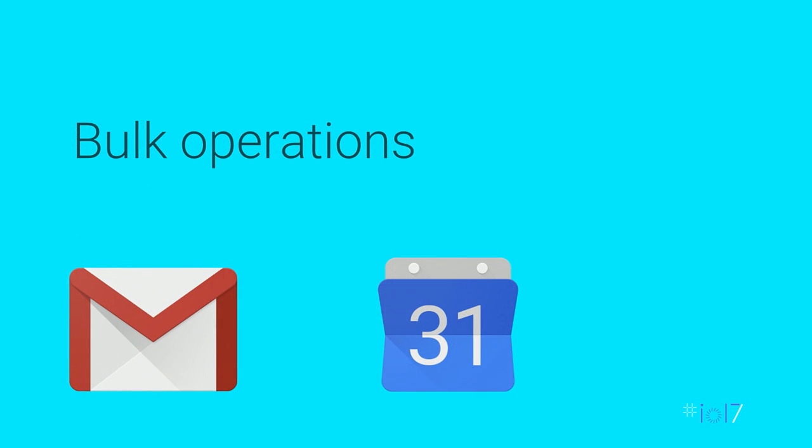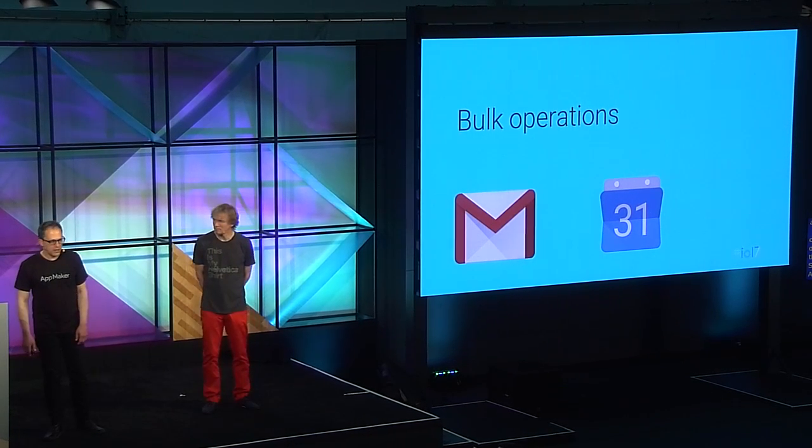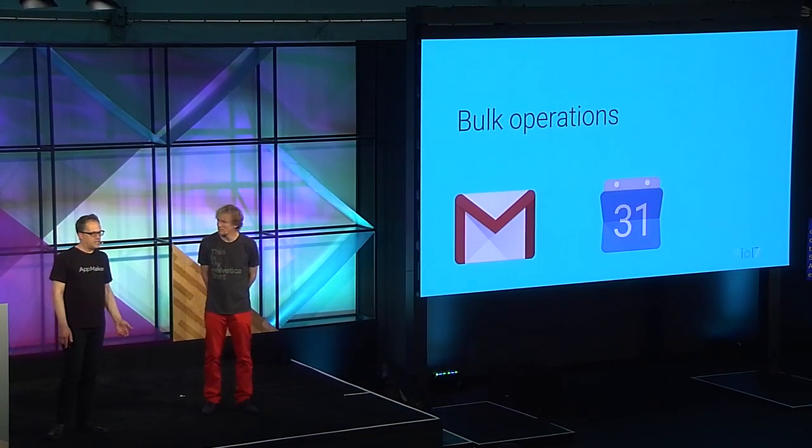Another signal for a candidate AppMaker app is bulk operations. And the examples that I want to outline here are G Suite product bulk operations. A lot of companies send out bulk emails based on specific events that have occurred. In some companies, people have recurring meetings or events that they want to invite a single person to.